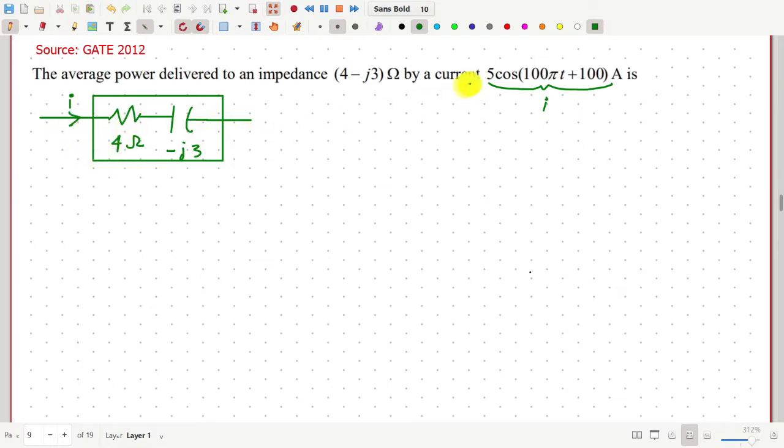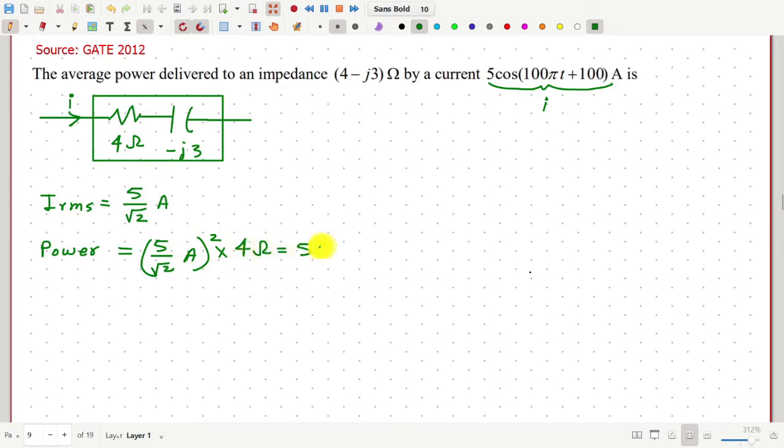Now, the RMS value of this current, I RMS, is equal to 5 by root 2. Therefore, power consumed by this resistance is equal to I RMS squared multiplied by the resistance, which is 50 watt.